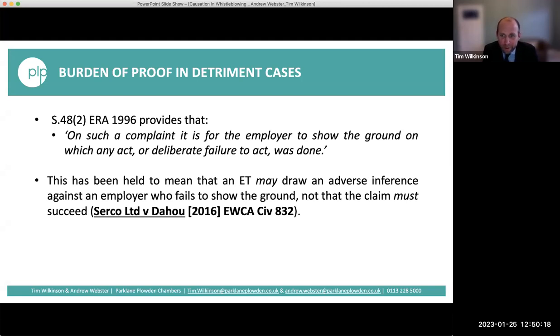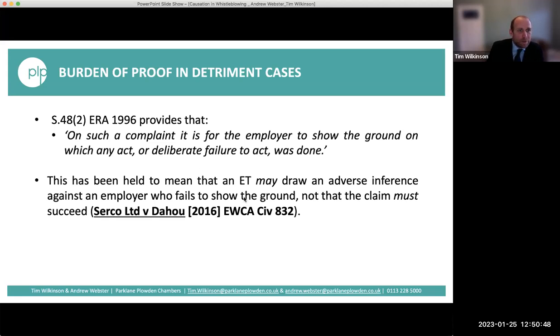They were sufficiently undermined that the tribunal felt it couldn't accept that evidence provided by the respondents in relation to the grounds on which these detriments had occurred. In that case, on those facts, the tribunal felt that it could draw inferences, and the claimant succeeded on a number of grounds, and the burden of proof was a significant factor in that.